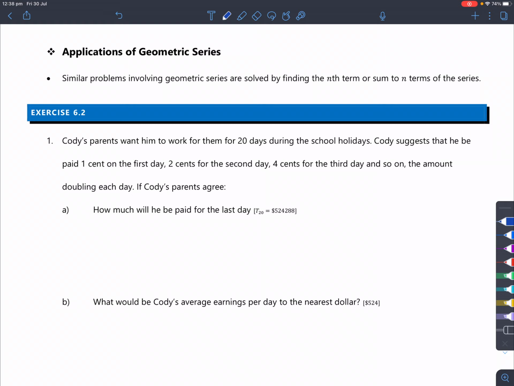So this means that we're finding a term. If the terms as a sequence were 1 cent, then 2 cents, then 4 cents, and so on, where a is 1 and r is equal to 2, sorry. Using the formula Tn equals a r to the power n minus 1, we know that the 20th day is the last day.